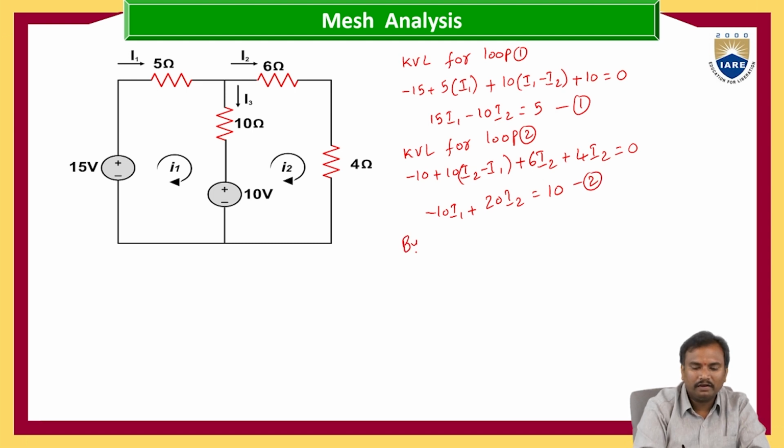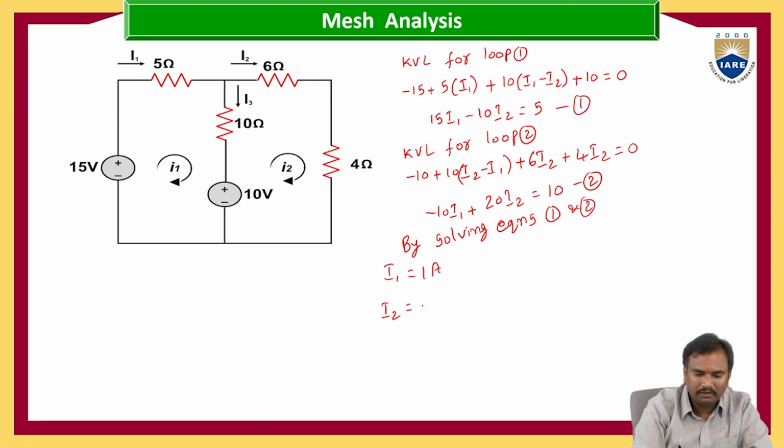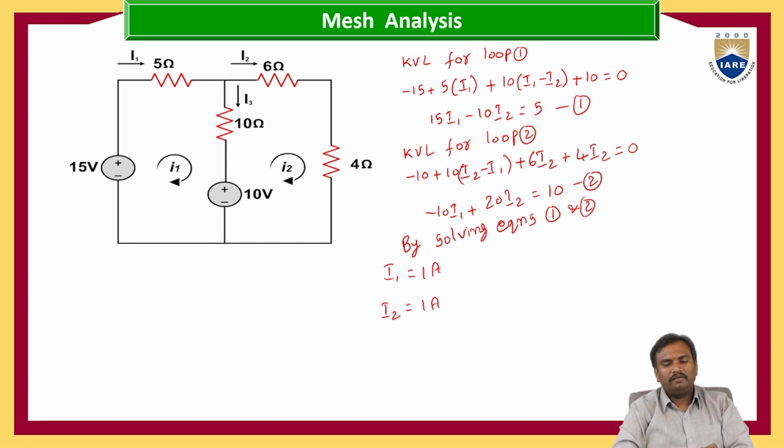By solving equations 1 and 2, I1 and I2 are 1 ampere and 1 ampere. So we got I1 and I2 values as 1 ampere and 1 ampere.